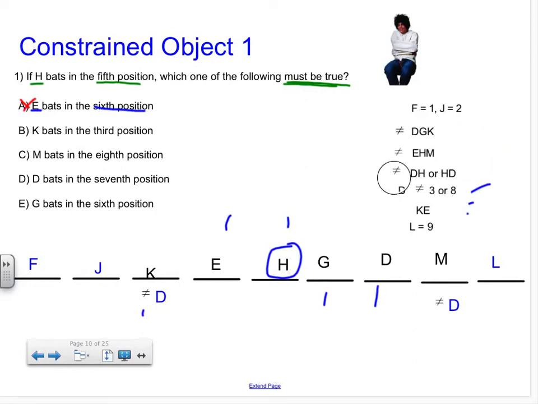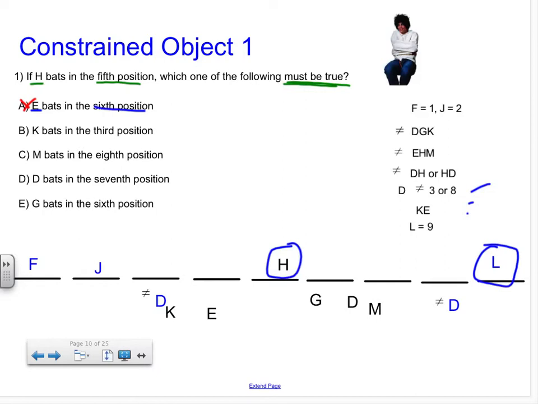So let's clear off the board. Let's bring down the letters that aren't constrained. And let's try with K. Does K have to be in the 3rd position?